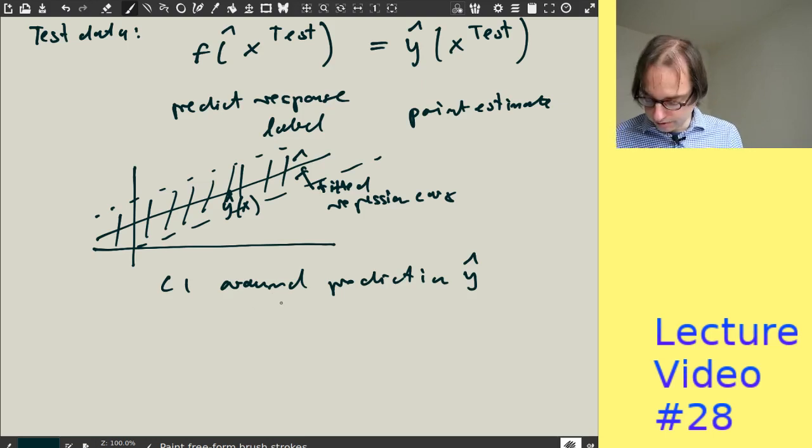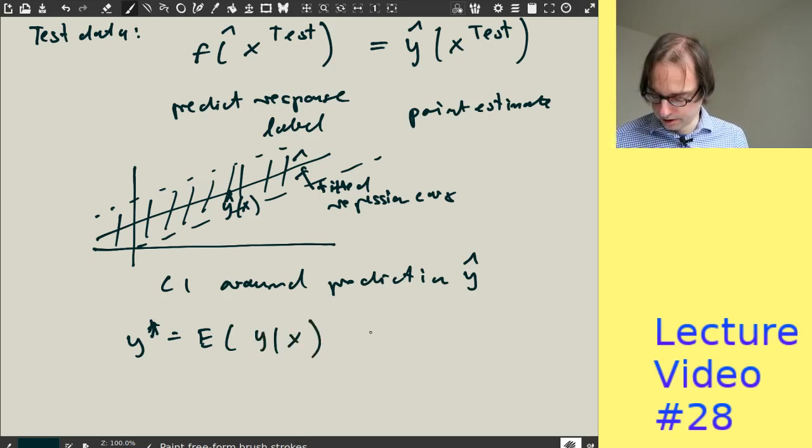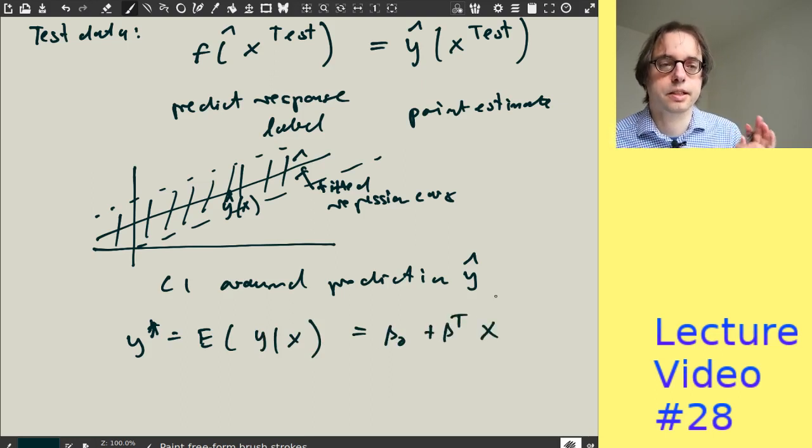It's relatively easy. We know that the predictor, y star, is simply y conditioned on x, which is beta naught plus beta transpose x. This is our predictor part.